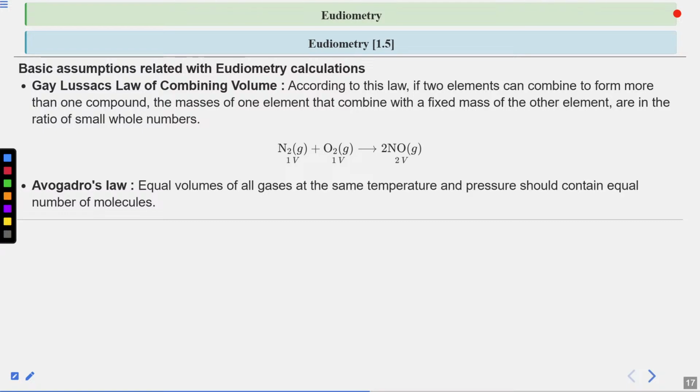Similarly, we have Avogadro's law, which tells us that equal volumes of all gases at the same temperature and pressure will contain equal numbers of molecules. I'm not discussing it in this class. We have already seen what Avogadro's law and Gay-Lussac's law are, but we will use these two laws here.